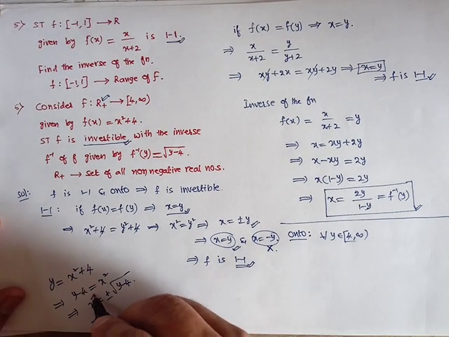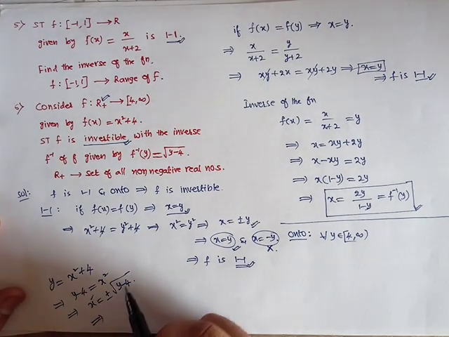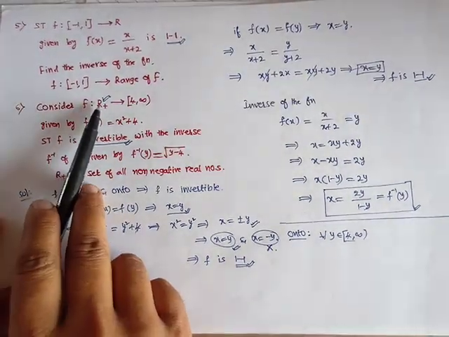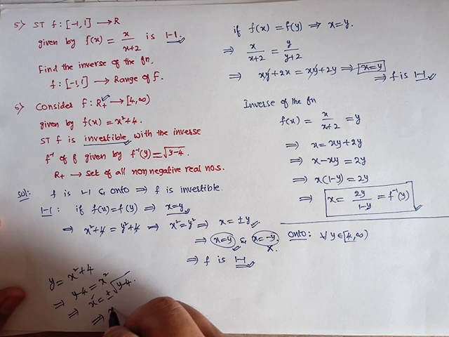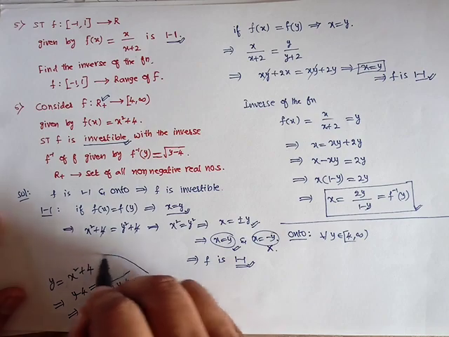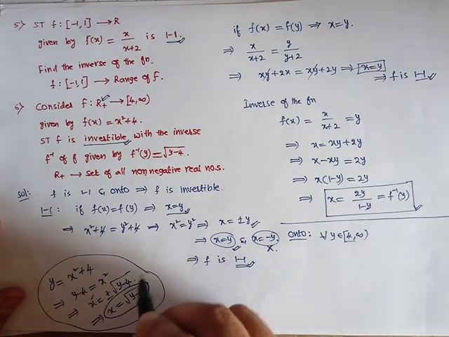Again, if x is going to be positive, the right side also should be positive because both are coming from R+, that's why you consider only one term, x = √(y − 4).